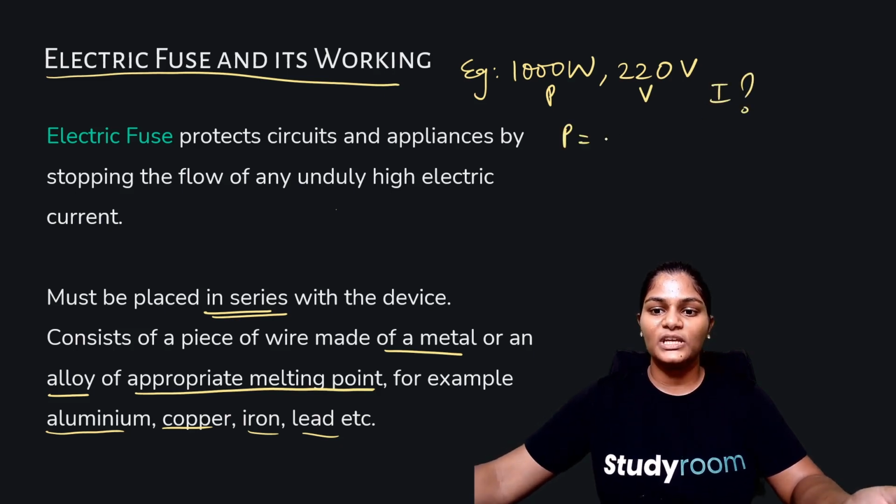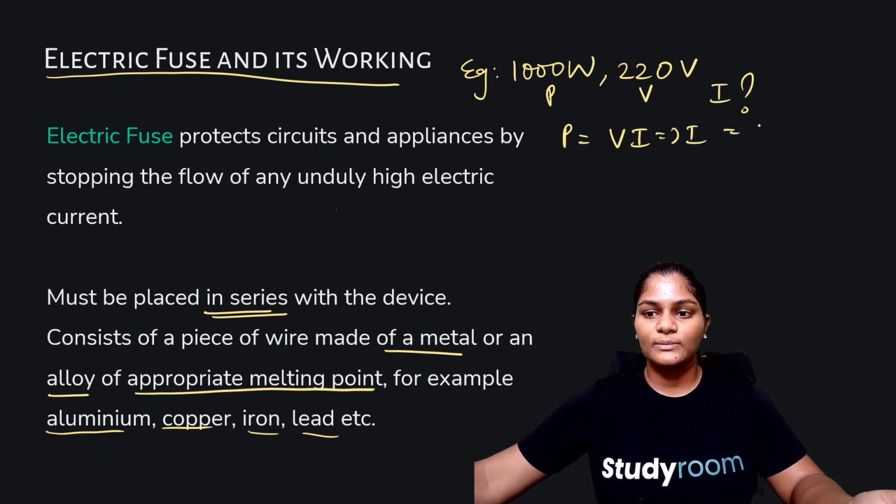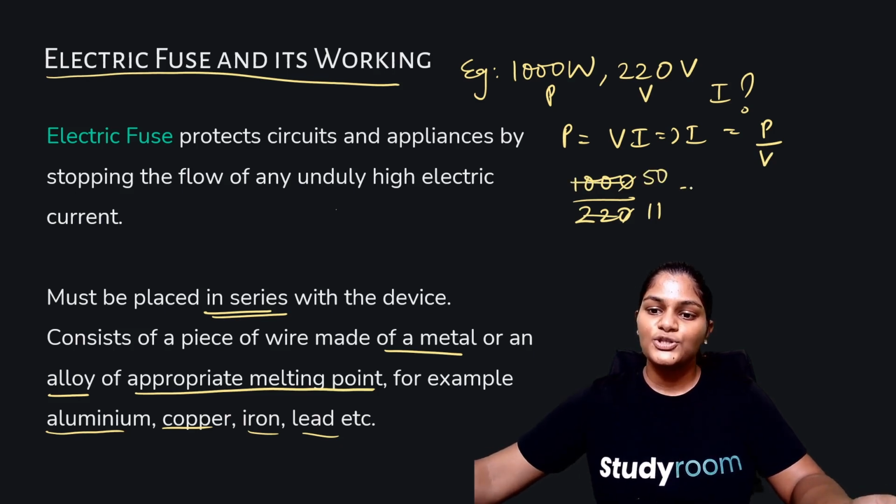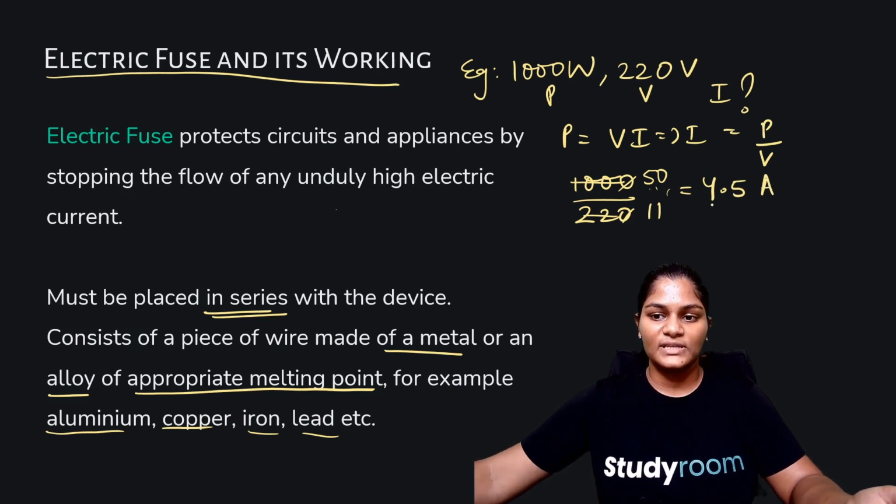Yes, we know P equals V into I. So I is nothing but P upon V, which is 1000 upon 220. So this becomes 100 upon 22, approximately 4.5 amperes, right?